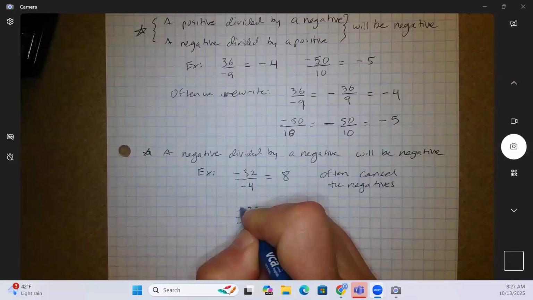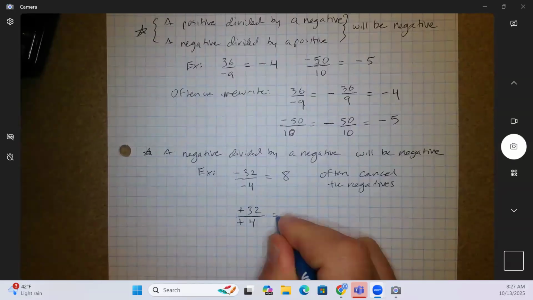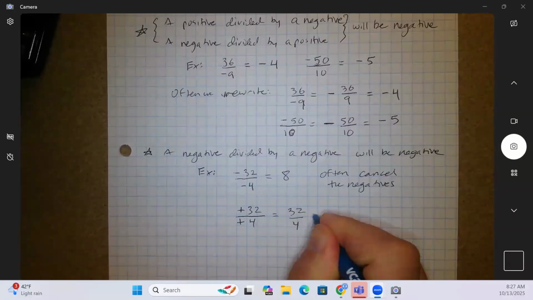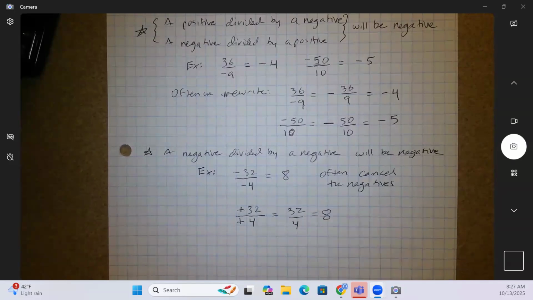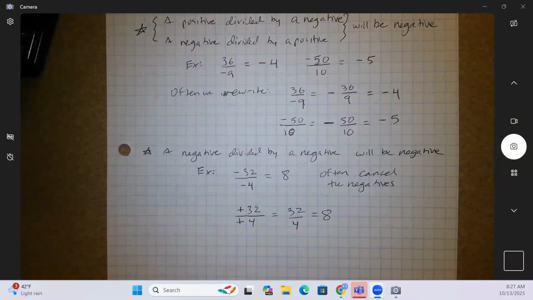Just make those both positive. All right. We often cancel that way. And then we just write it as a positive over a positive. I will often do that. We can do that also with multiplication, but I think it's a little less likely to confuse ourselves when we do it with division because of where those plus and minus signs are living.